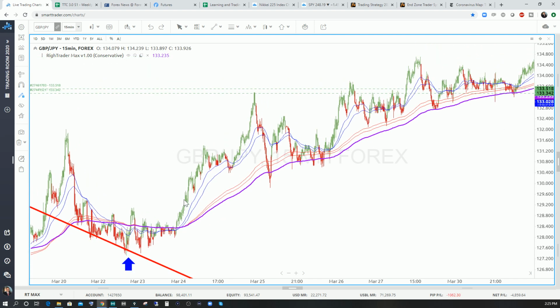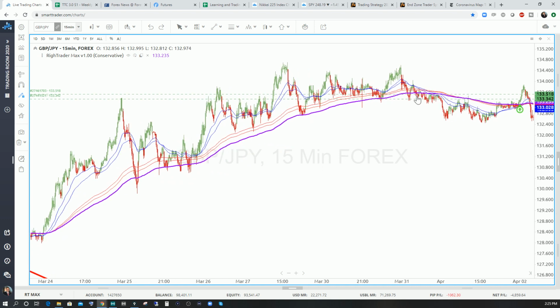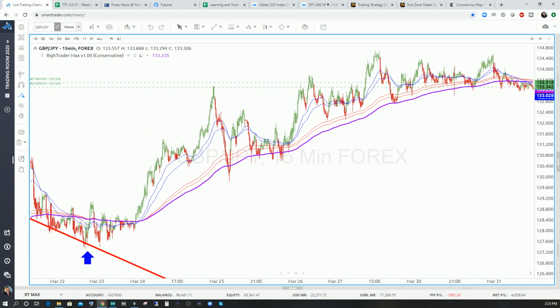Now notice that price comes back, it retests a little bit below the 200 EMA, just spikes a little bit below there, but never stays below there for too long until here. All right, now take a look at the opportunity from around about here to this level here. That is almost 600 pips.